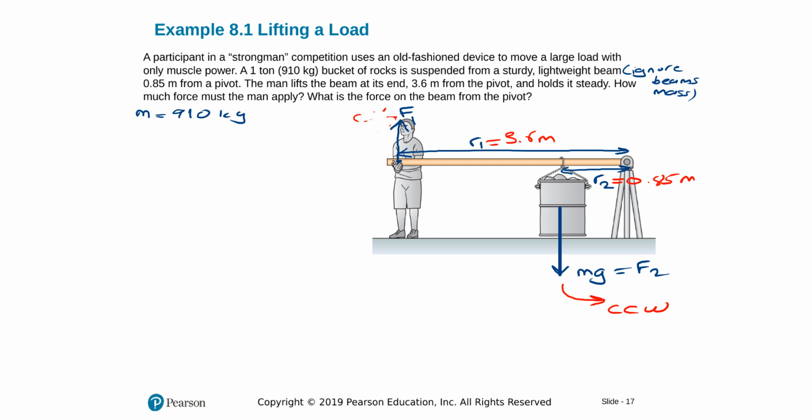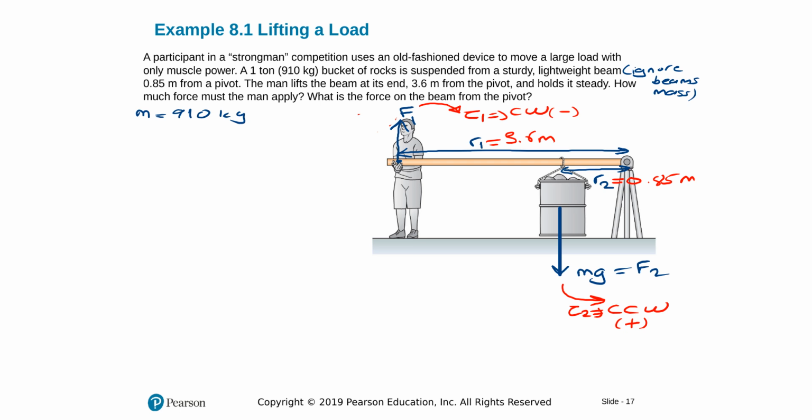So I'm going to redraw this guy again here. This F1 would rotate the system clockwise. So tau 1, if we like, will be clockwise. And tau 2 by the force F2 will be counterclockwise. If I need to show their direction in plus and minus, tau 1 would be minus, tau 2 would be plus.